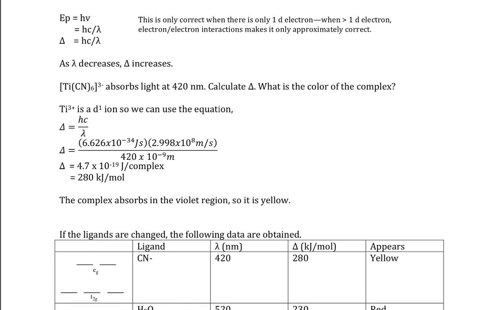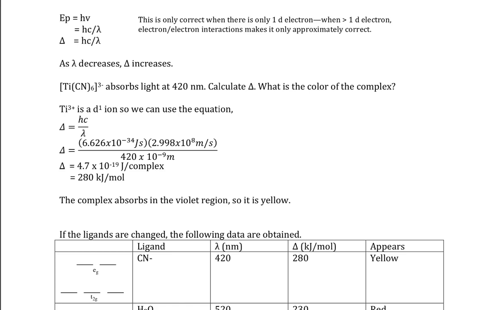So the energy of the photon, hc over lambda, is equal to that energy gap, delta. So we have delta, the electron transition energy gap, equals hc over lambda. h is Planck's constant, and c is the speed of light.